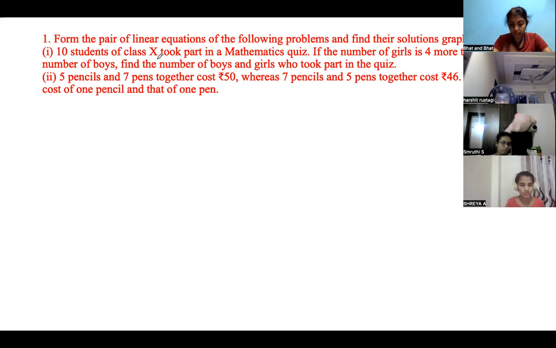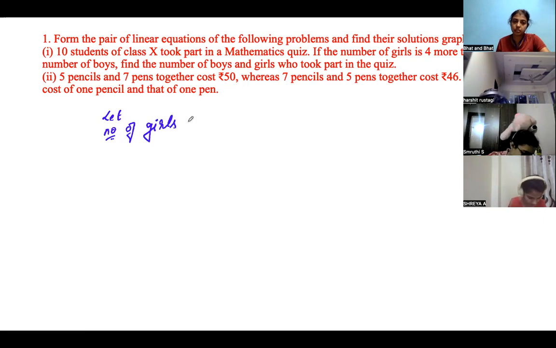So now let us consider the number of girls. Let the number of girls be equal to x.